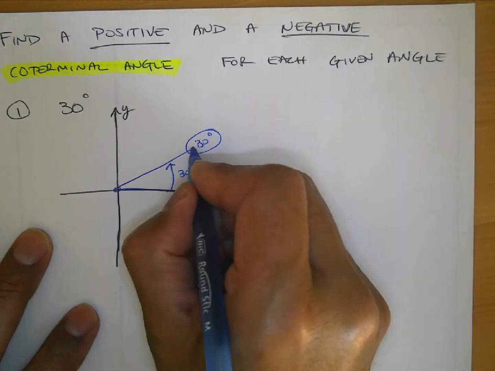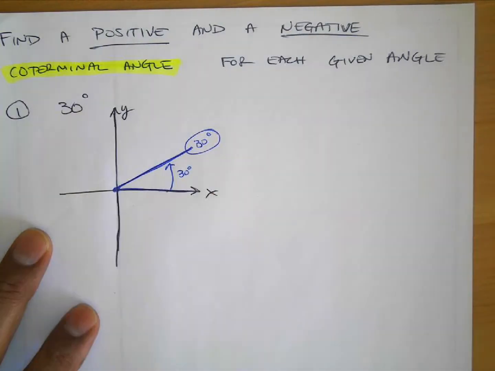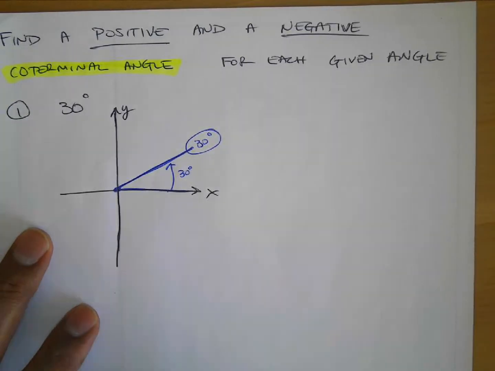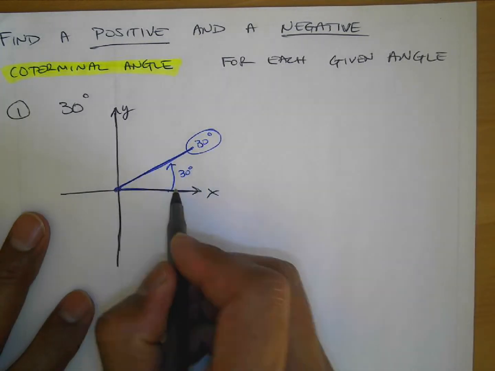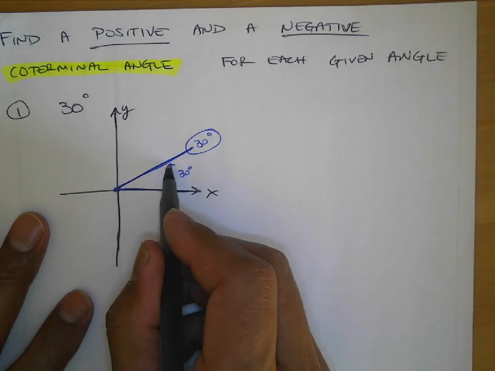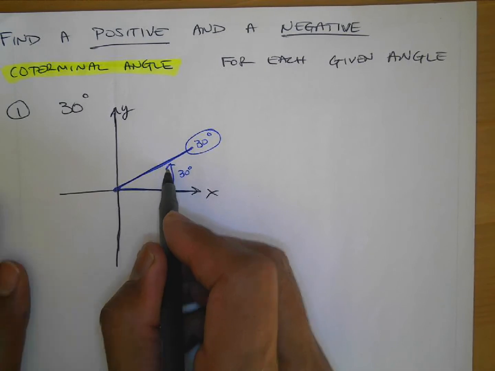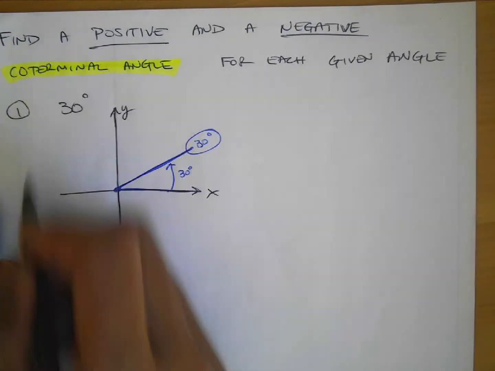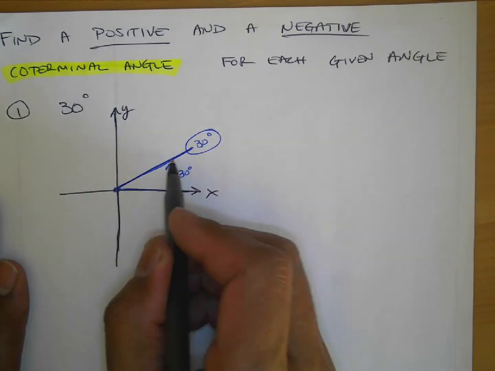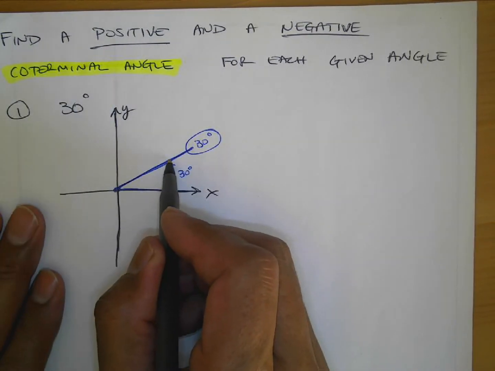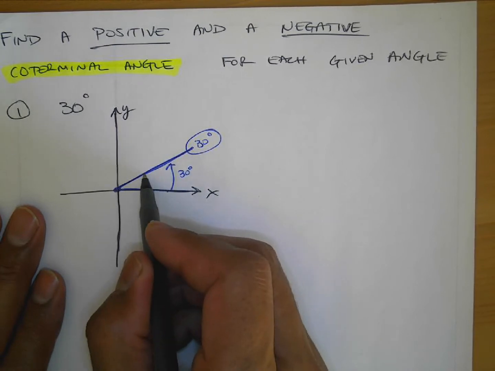That's 30 degrees. This is the terminal side. If I just start and stop right there at 30 degrees, that's the first one. But remember, you can keep doing another rotation, and I can find an infinite number of angles that share the same terminal side.